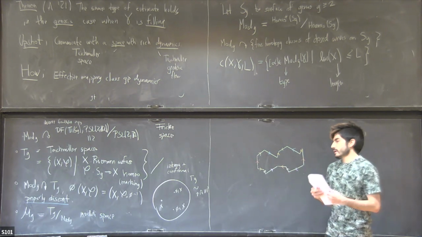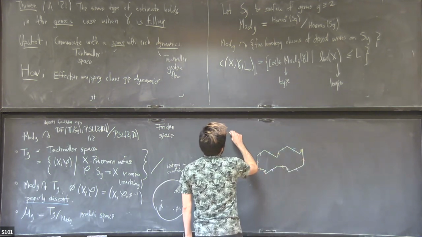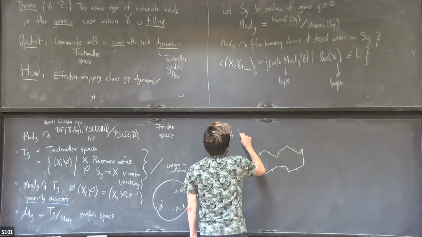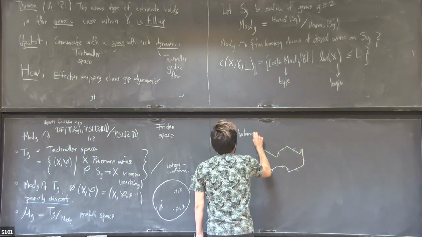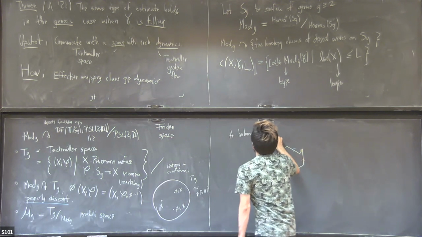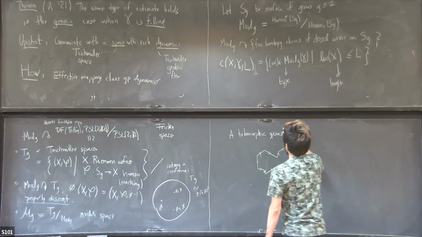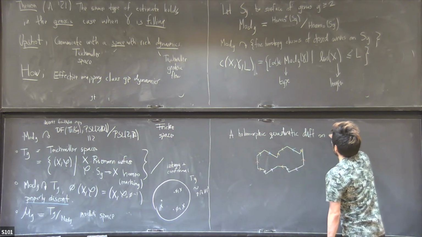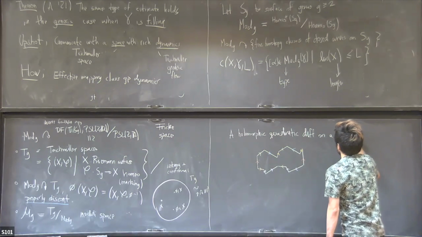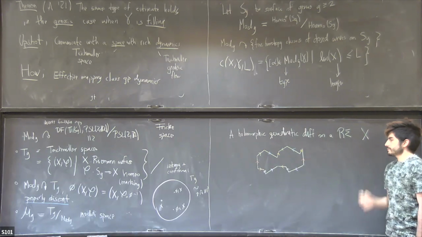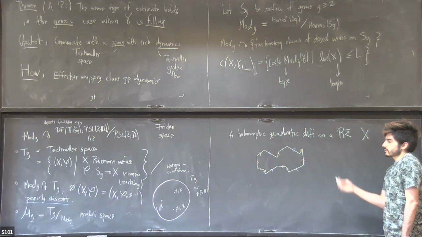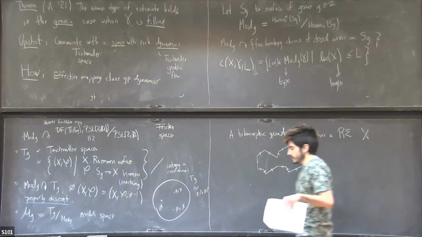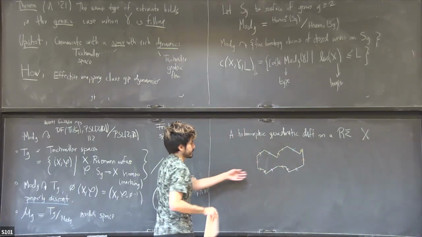What I've drawn here is a holomorphic quadratic differential on a Riemann surface X. What's a quadratic differential? I could give an analytic definition, but I just want to stick to this one.